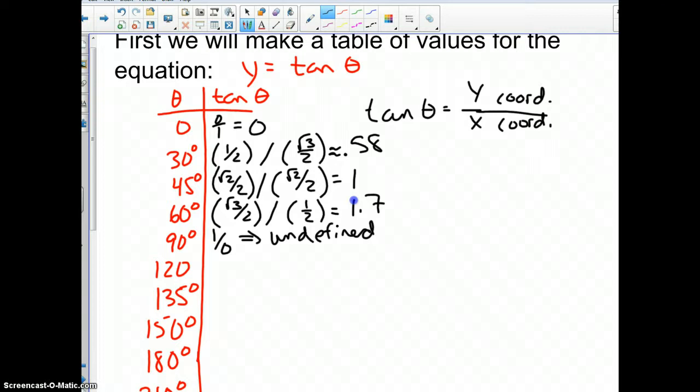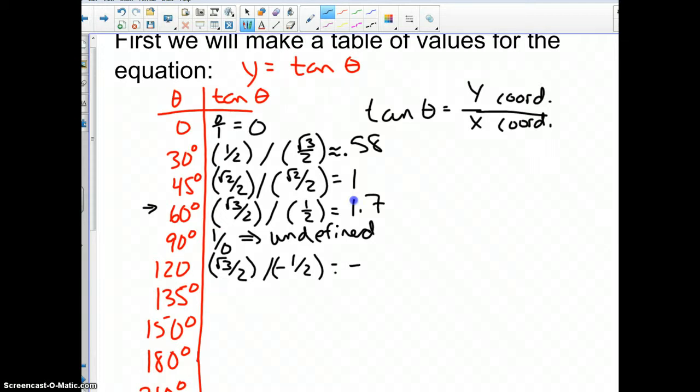If you use your unit circle here, you're going to see that that is the square root of 3 over 2 divided by, and in this case, the x coordinate is negative. We've already done that same problem up here, right at 60 degrees, but the difference is it's negative.